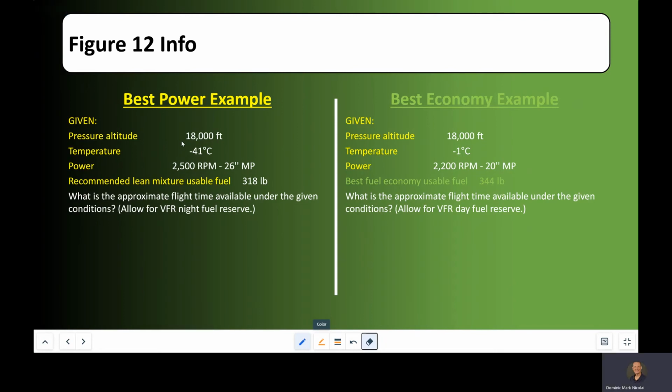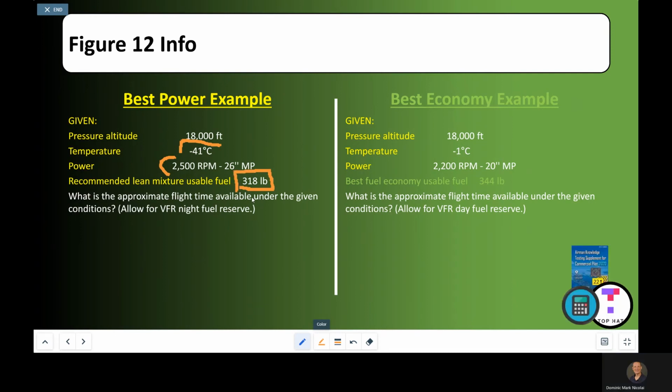You can always check these numbers with your figure book if you want. At 18,000 feet at minus 41 degrees Celsius, 2,500 RPM and 26 inches, we are at best power setting. Figure 12: 2,500, 26 inches, minus 41.